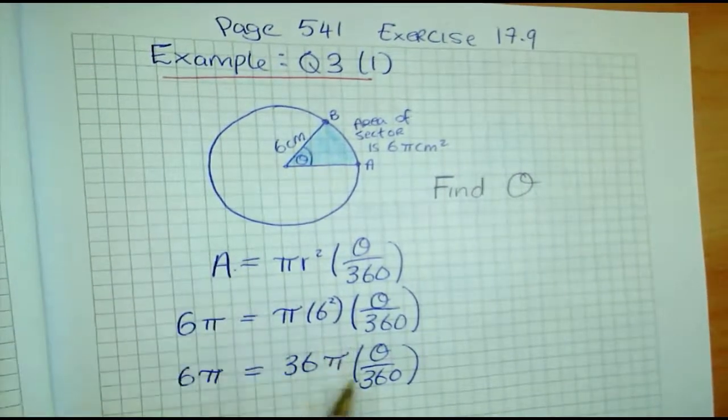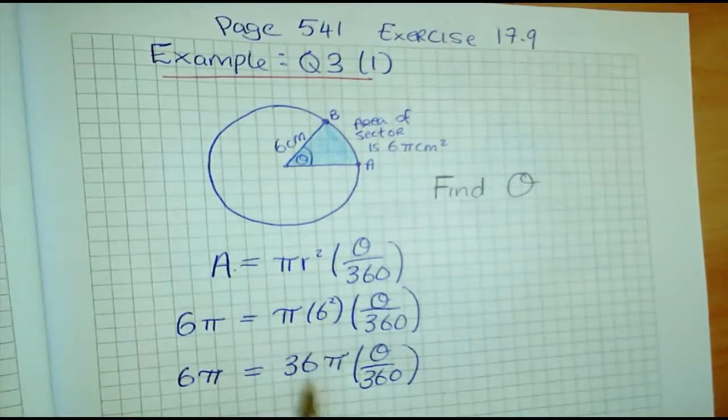So my 36 came from squaring 6, so 6 sixes is 36. My pi came down, my theta over 360 came down. So hopefully you can see where all that's coming from, boys. If not, you need to let us know. If you don't know where any of those figures are coming from, you need to say so.